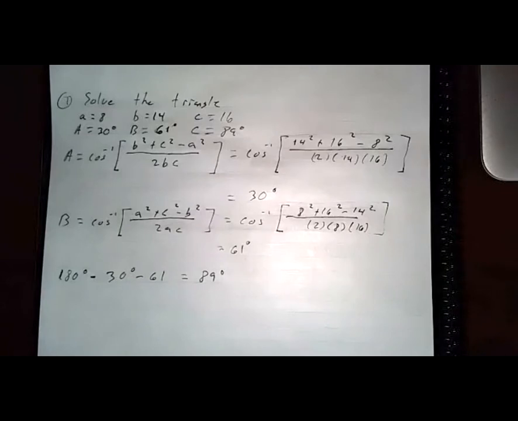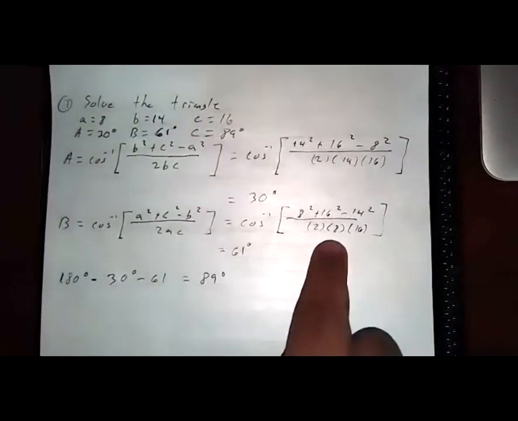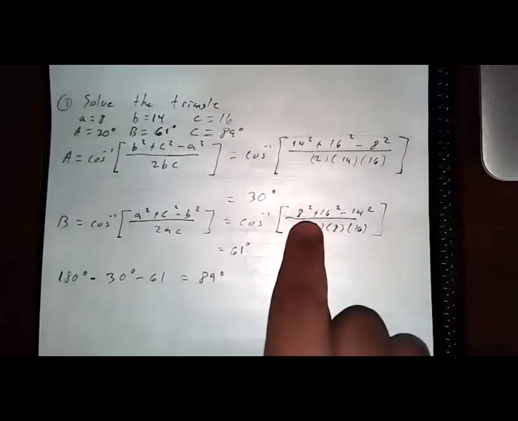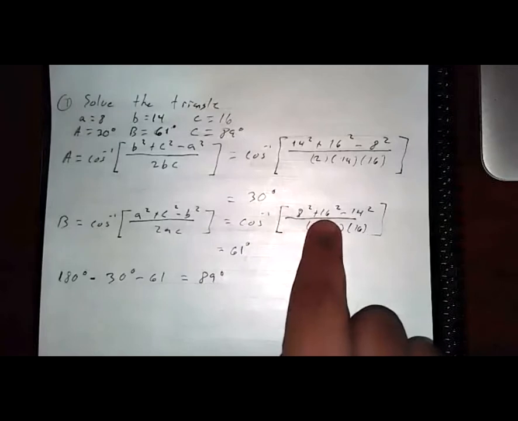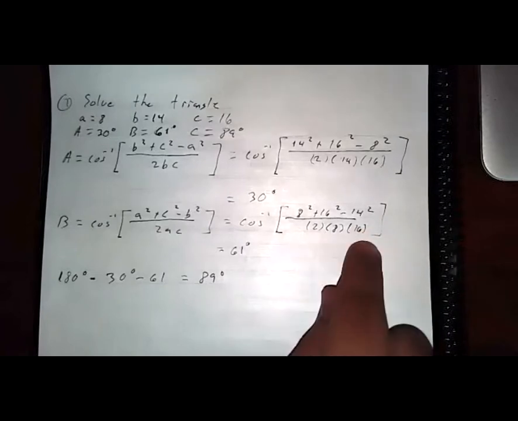Let's see here. AC should be 8, 16, 2 times 8 times 16. The formula is A squared plus B squared minus C squared. No, it should be 61.